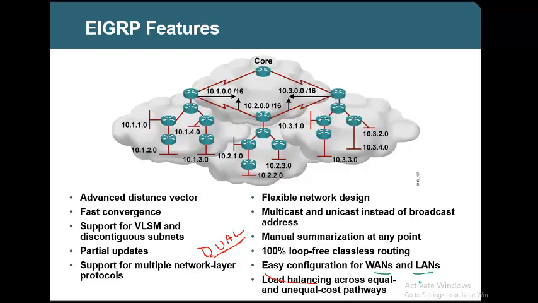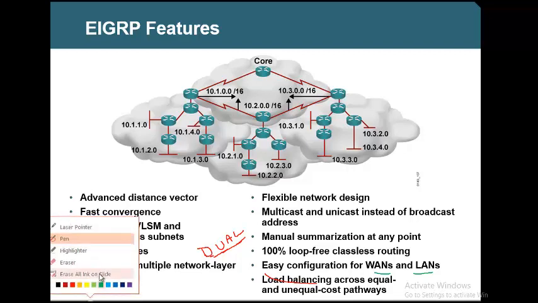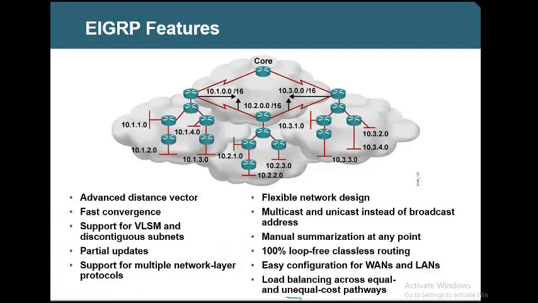Next, as I said earlier in the introduction to EIGRP class, EIGRP can load balance, can share the load across multiple links, even if it is unequal cost. Even if the cost is unequal, EIGRP can share the load.